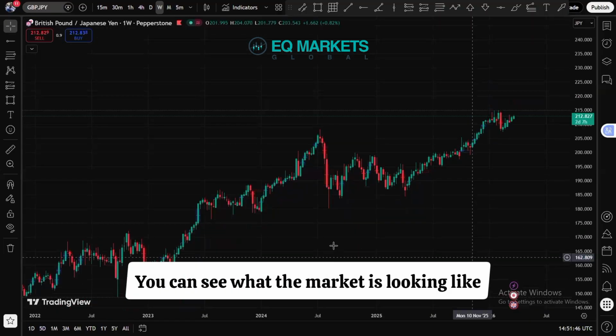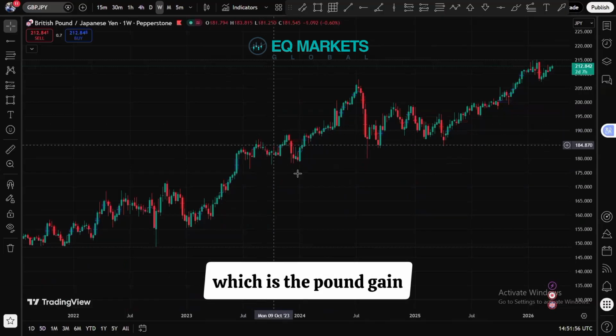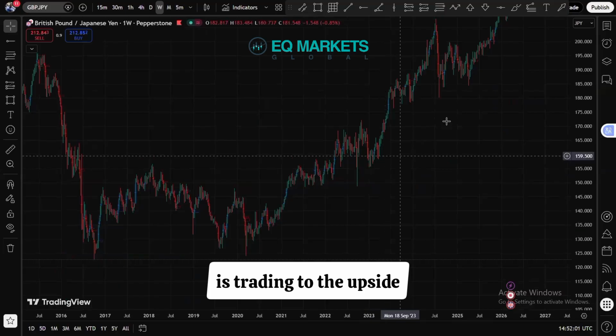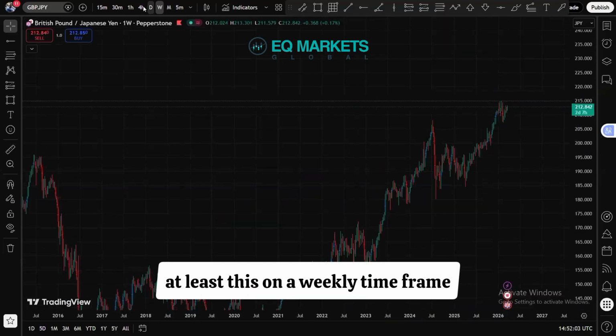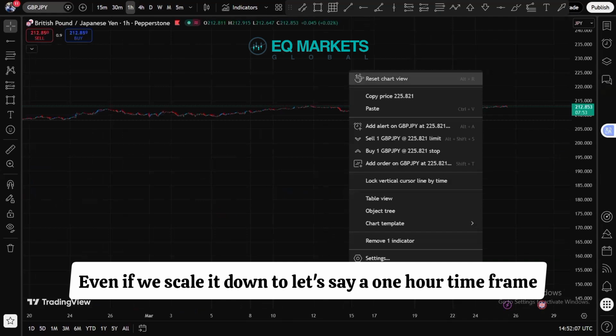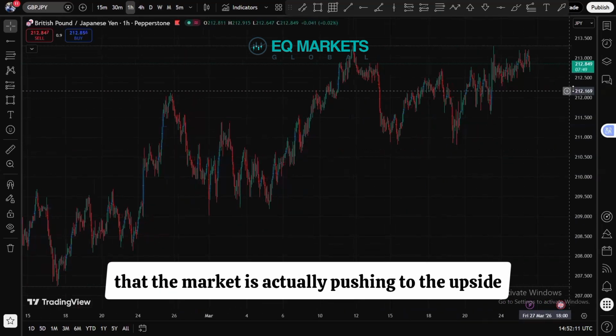You can see what the market is looking like. This is on GBP JPY, which is the pound yen. And we can see that basically the market is trading to the upside, at least on a weekly time frame. Even if we scale it down to, let's say, a 1 hour time frame, we can still see the same thing, that the market is actually pushing to the upside.